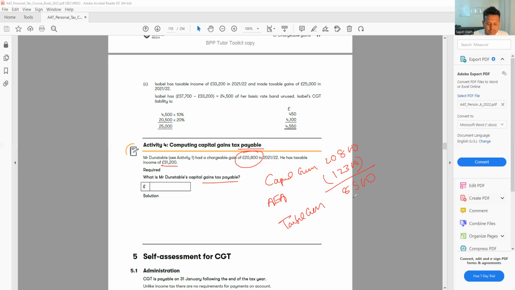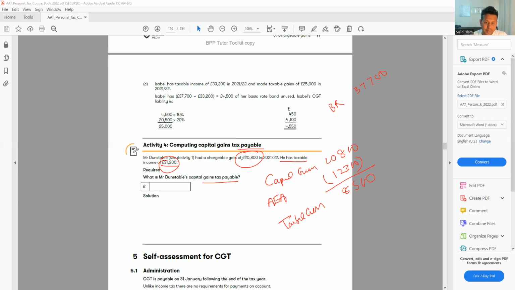So the first thing we need to know, how much is left for the basic band. Now we can see his taxable income is 31,200. So we know our basic band is 37,700. It is fixed for every single person. So up to 37,700, we don't pay more than 10% for our capital gain tax.